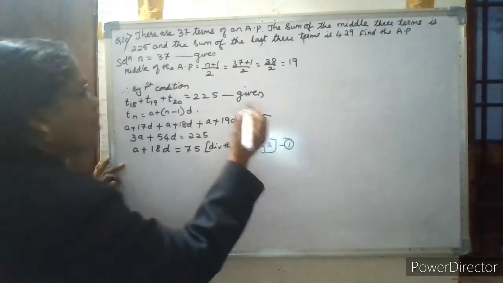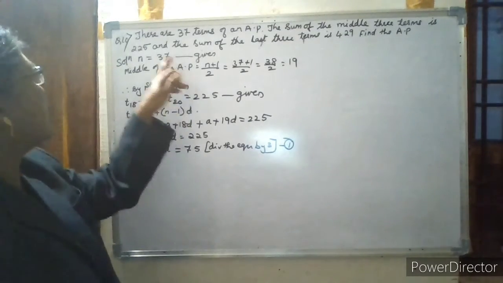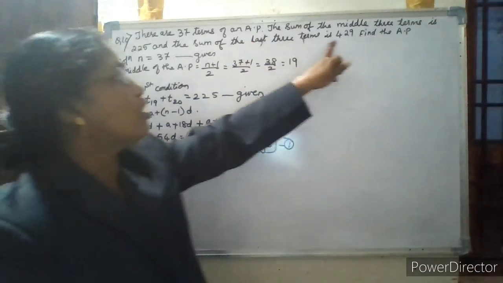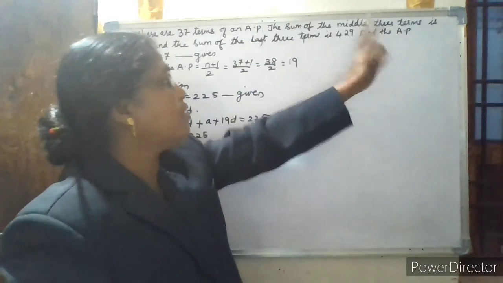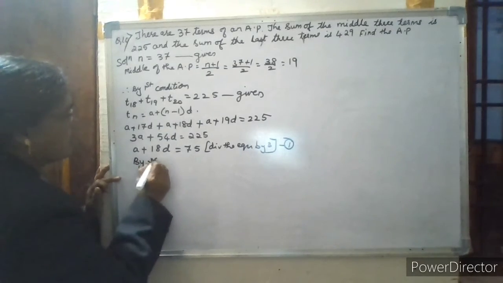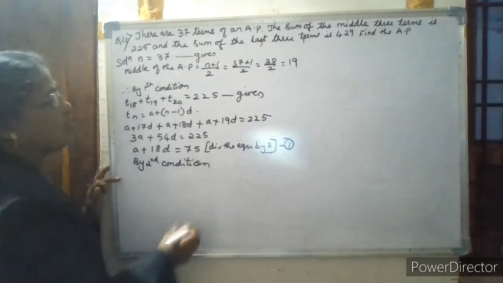Now we come to the second condition. What is given is that the sum of the last three terms is 429. So by the second condition, we have the sum of the last three terms.